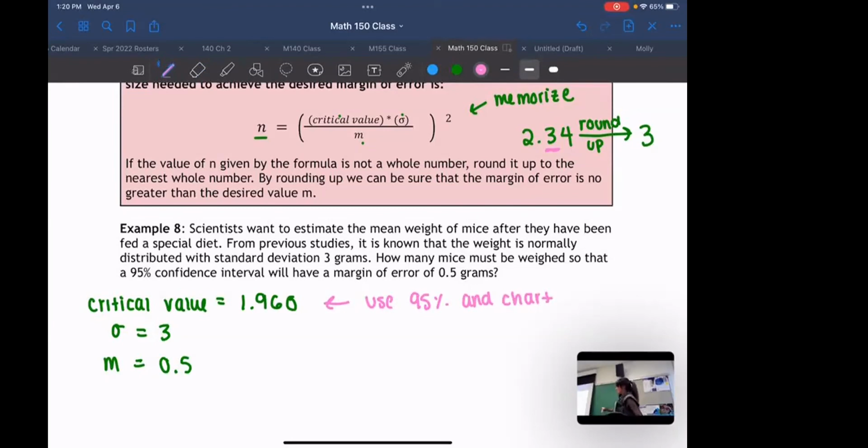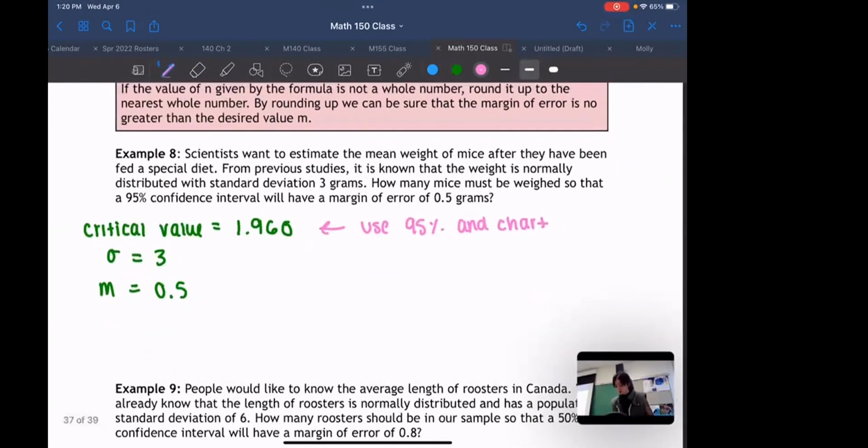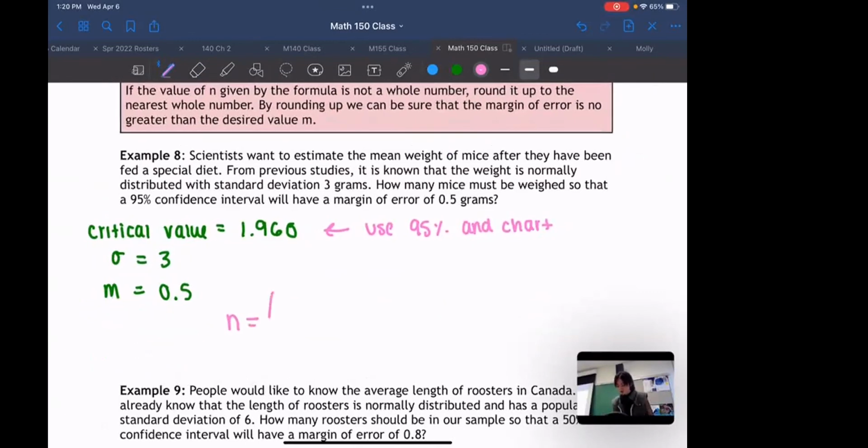Any questions so far? Just using the formula we have to memorize, n equals the critical value, 1.960, times the standard deviation, 3, over M, 0.5, and square it. If you are a little bit more technologically advanced than I am, you can do this all at once in your calculator.